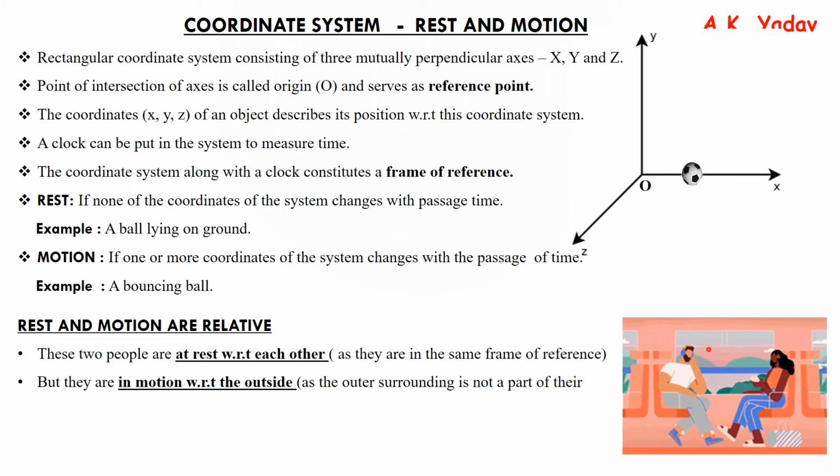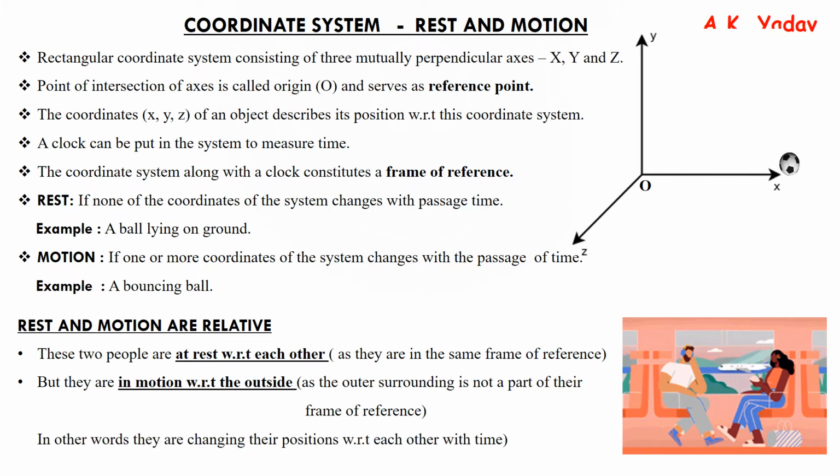You can say the background is changing, so they are in motion with respect to the outside, as the outer surrounding is not a part of their frame of reference.